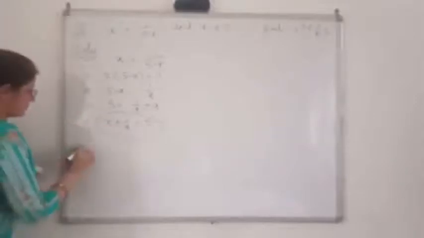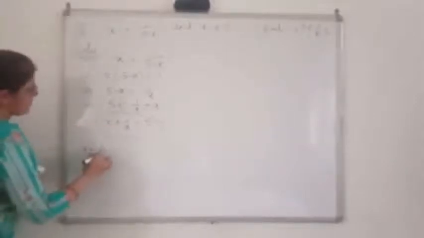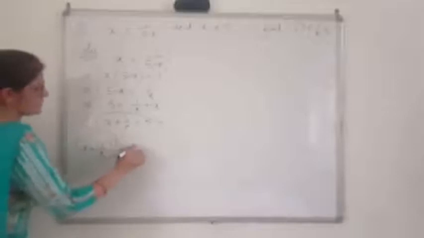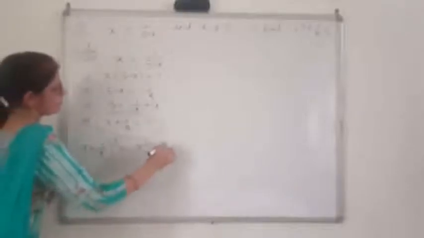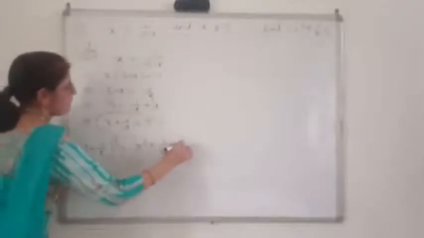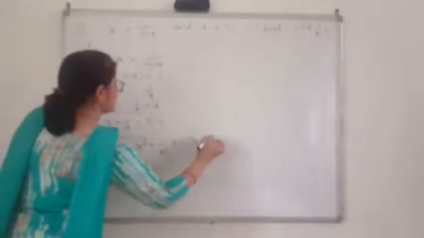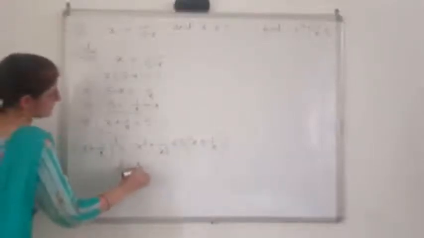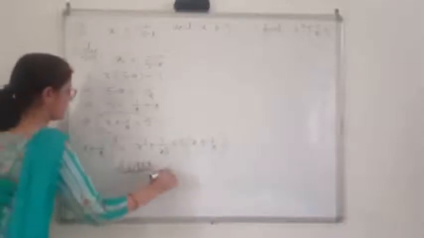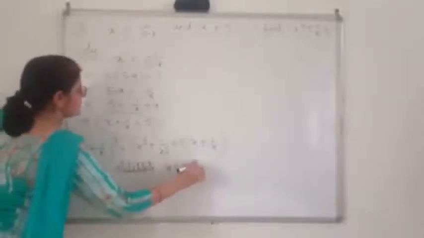We will take this term and do its cube. So cube of x plus 1 over x equals x cube plus 1 over x cube plus 3 into x plus 1 over x. Now we can substitute its value as 5. Substitute x plus 1 over x equals 5.